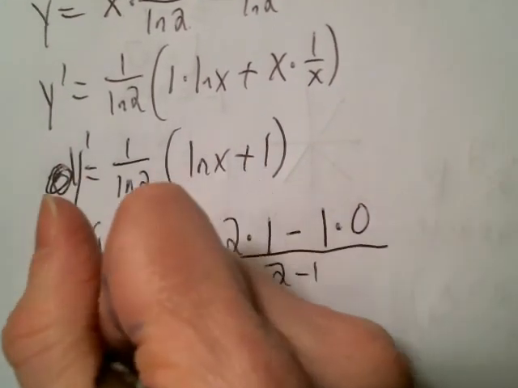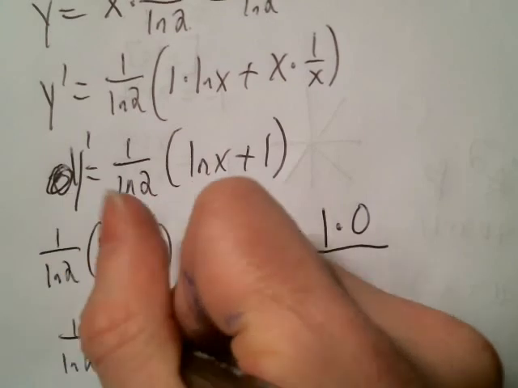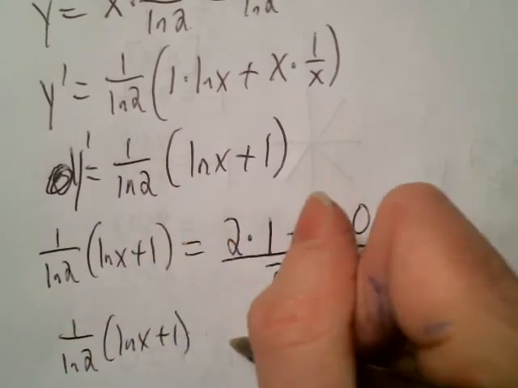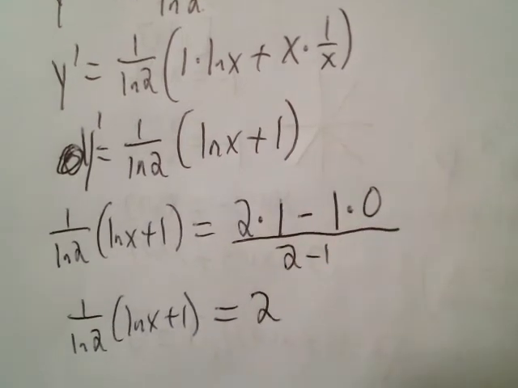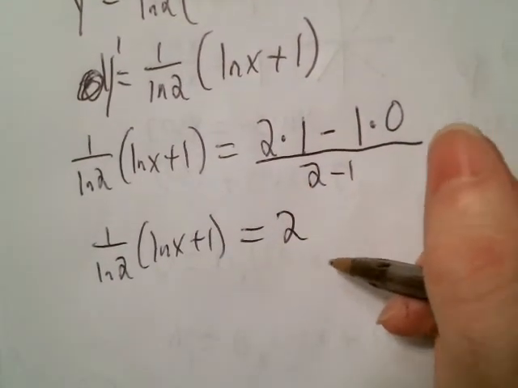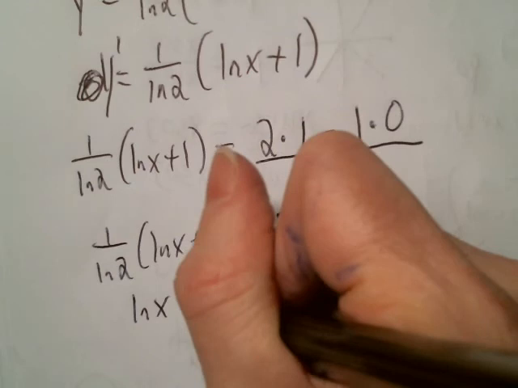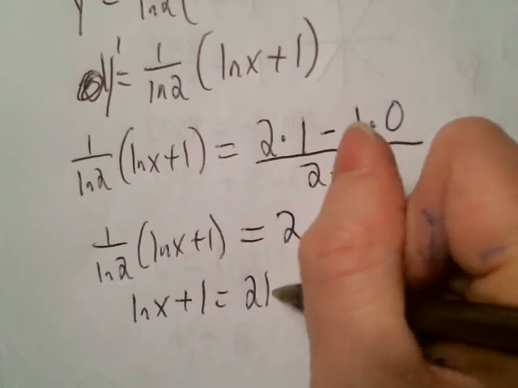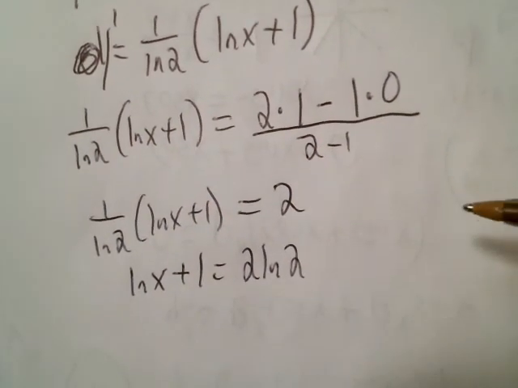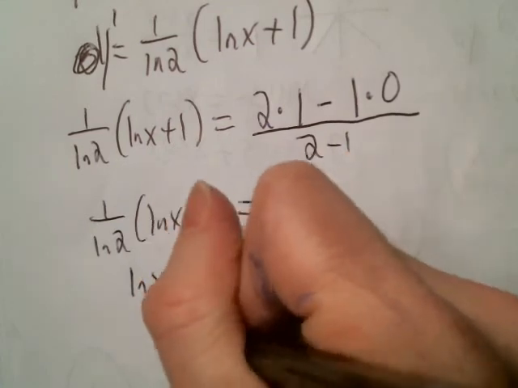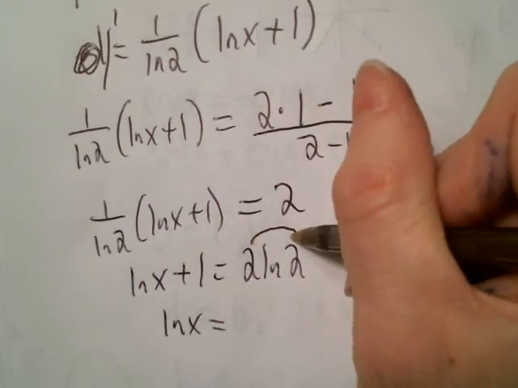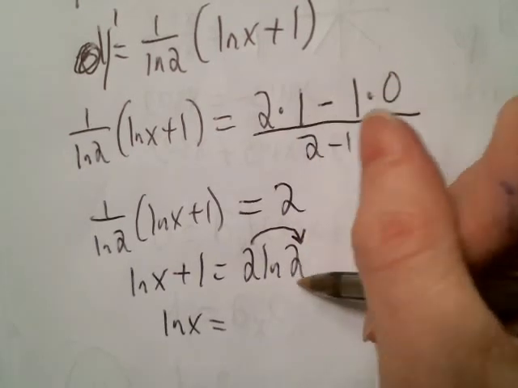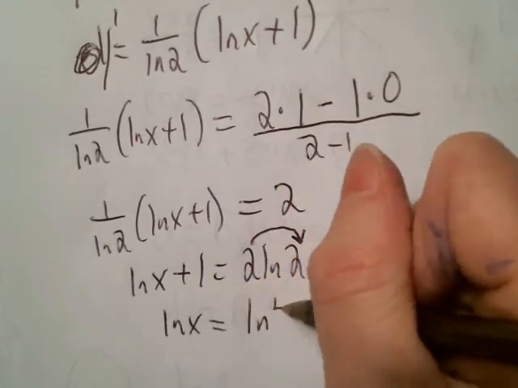Right? So I have 1 over ln 2 times ln x plus 1. That'll equal 2 over 1, or just 2. And then multiply both sides by ln 2. So you get ln x plus 1 equals 2 ln 2. And then you can move the 1 over. So you get ln x equals, you could pull this inside using the power rule, and that'd be ln of 2 squared, or ln 4.